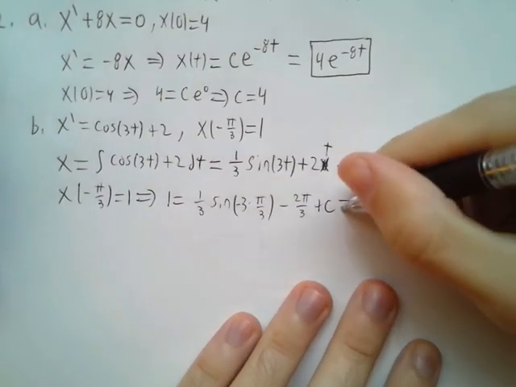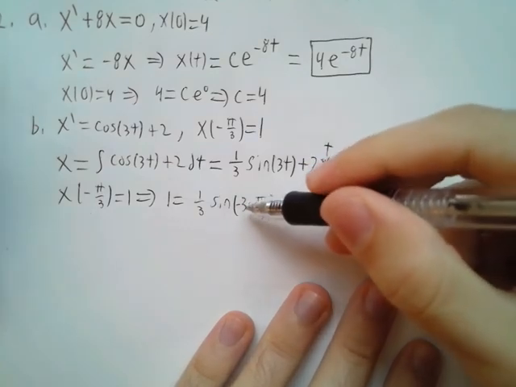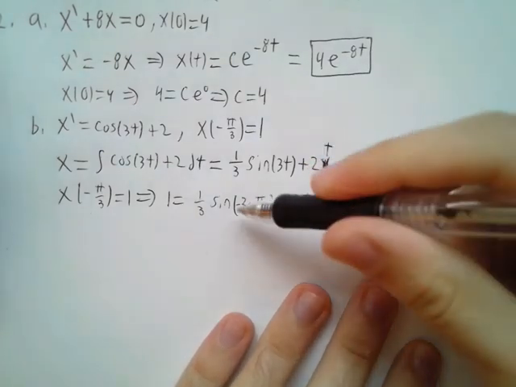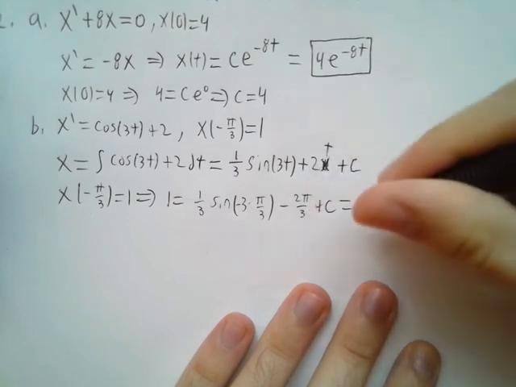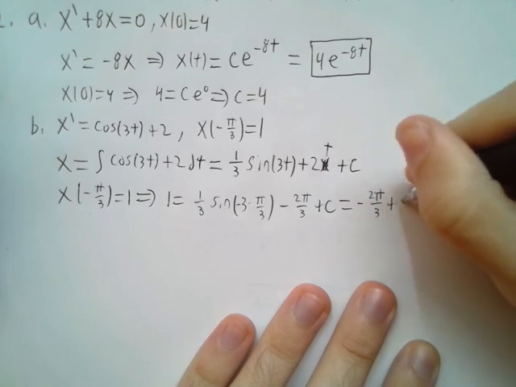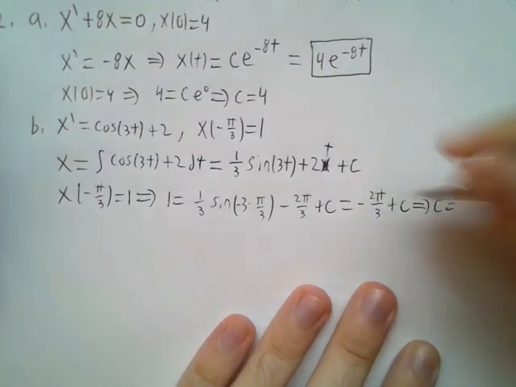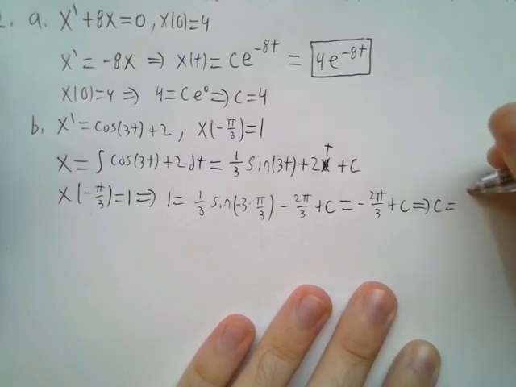If we simplify, you'll see that this is sine of negative pi, but sine of pi or negative pi is 0. Then we have a negative 2 pi over 3 plus c, and this tells us that c must be equal to 1 plus 2 pi over 3, or 5 pi over 3.